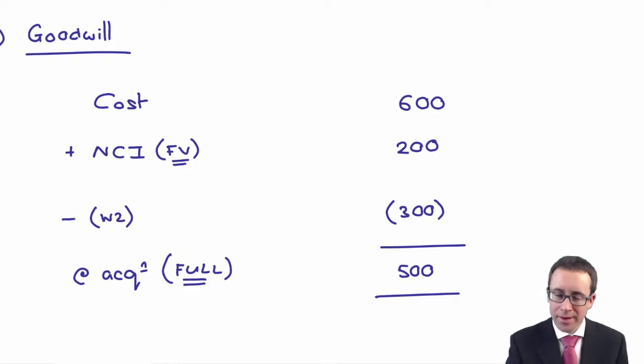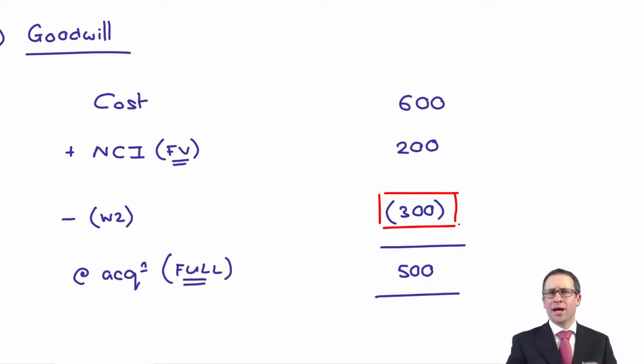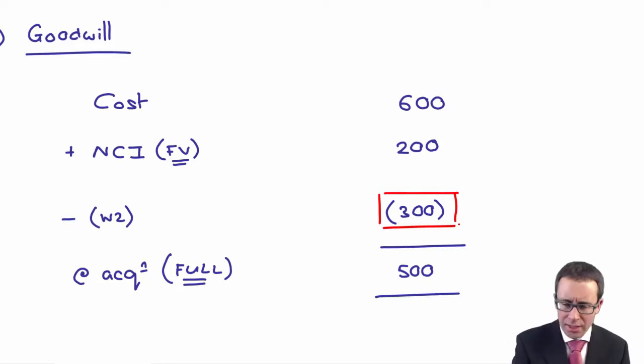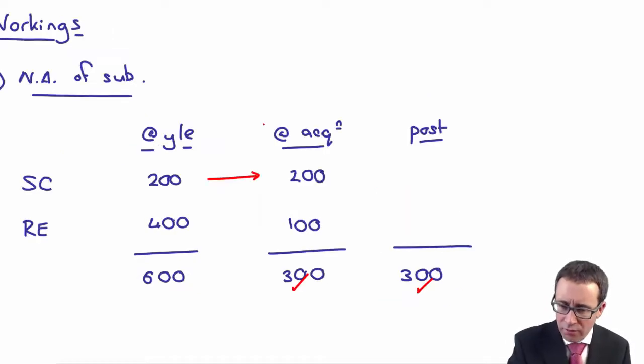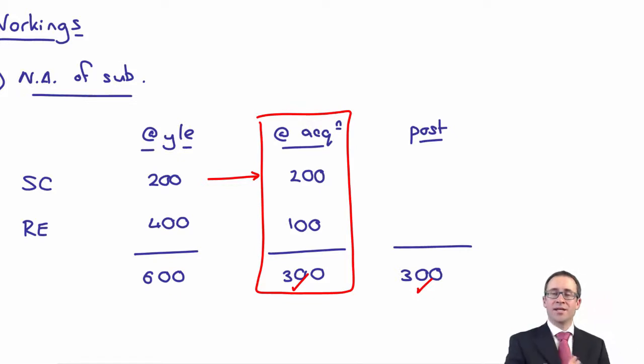Key bit, you need to work out the net assets at acquisition. So if it just asks you to calculate goodwill, maybe you don't need to do a full working. You would just need to go through there and do part of it to work out the net assets at acquisition. You wouldn't need to do the full year-end figures and post-acquisition movement as well.